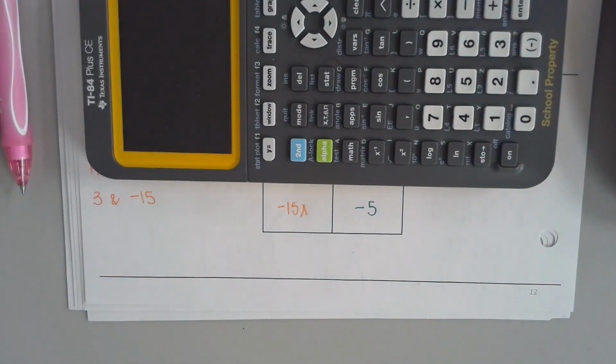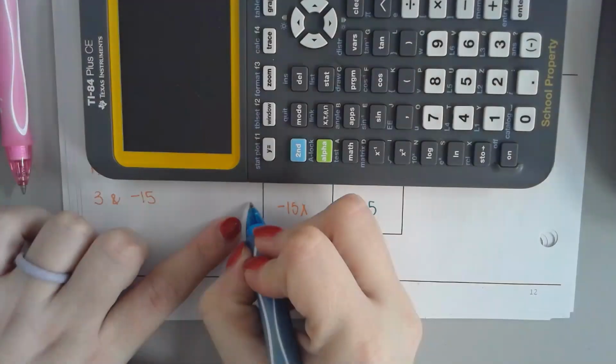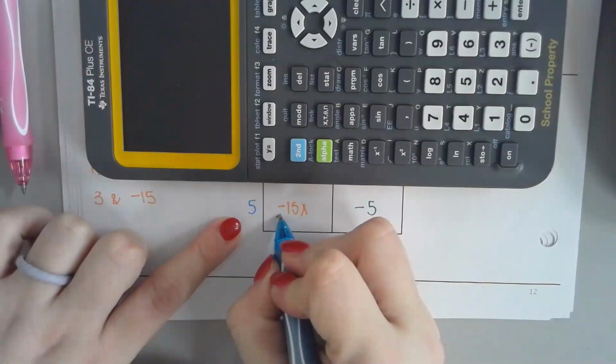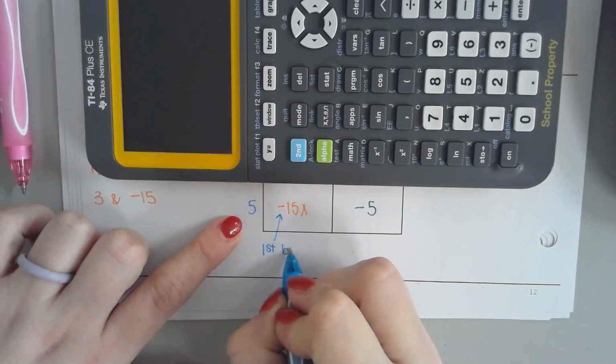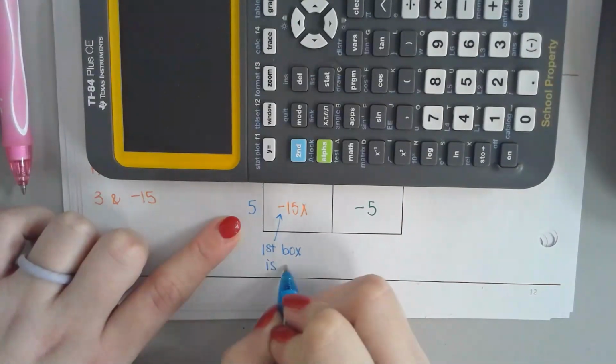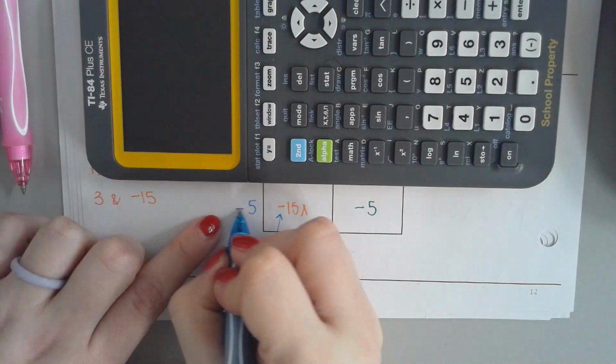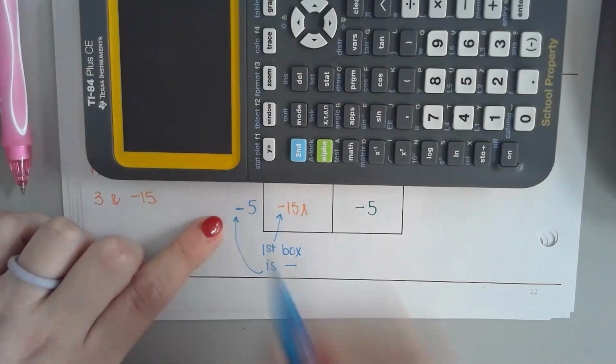What can you divide both of those by? 5. Now here's a little rule. If the first box is negative, you have to put a negative.